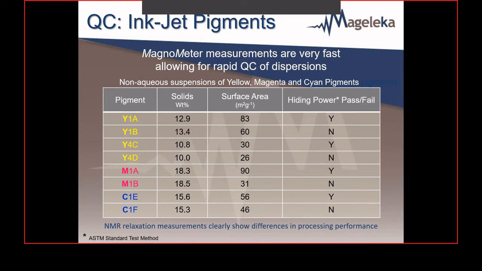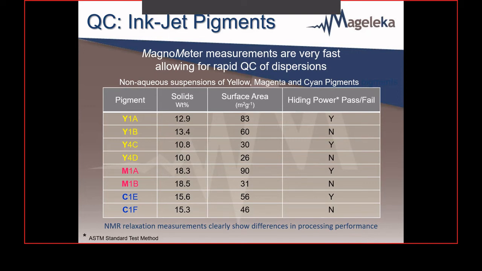As might be expected, the data correlates well with pass-fail criteria for hiding power. It's also clear that relaxation measurements can discriminate not only between materials of different particle size, but also between the efficacies of different polymeric dispersant aids, as already shown earlier in slides 7 and 8. And the speed and simplicity of NMR measurements with the Magnometer make it a really good tool for routine quality control purposes.